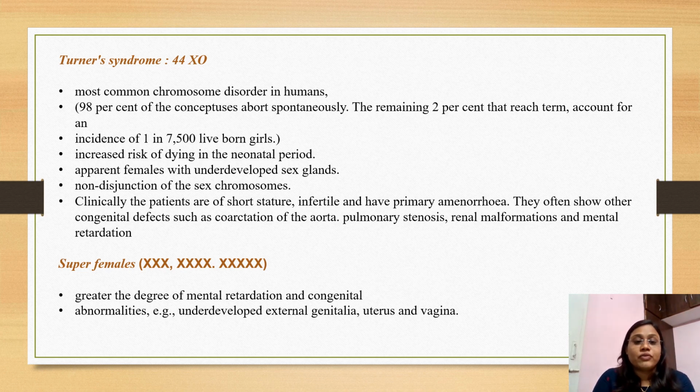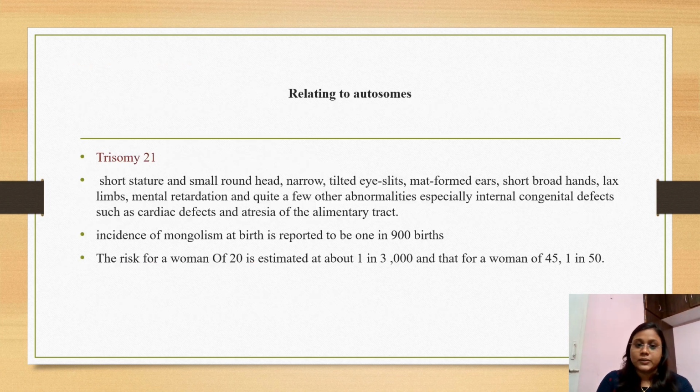Now, if one haploid cell has fewer chromosomes, the other haploid cell will have more chromosomes. That results in a super female. Now remember, as the number of X chromosomes increases, the chances of mental retardation go on increasing, and congenital abnormalities also increase. So the greater the degree of mental retardation and congenital abnormality in the super female.